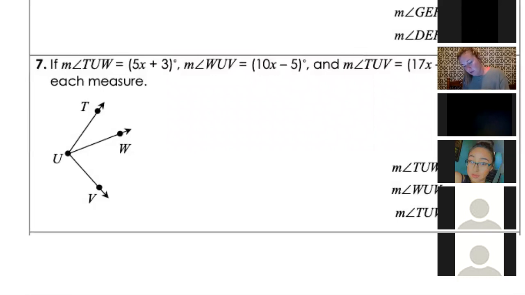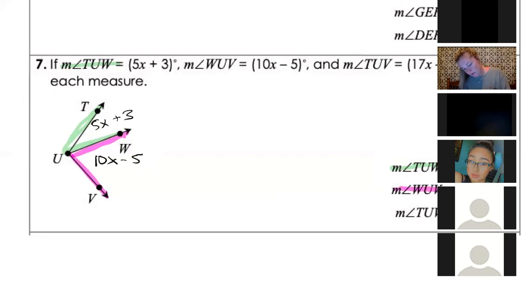So last one, let's go right here, TUW. TUW is right here. Go ahead and write it in black. So we end up with 5x plus 3. Then we have WUV, which is 10x minus 5, right here.